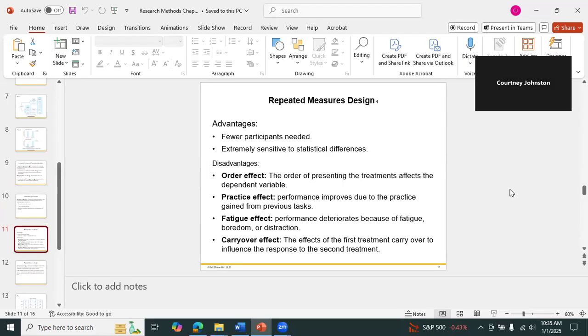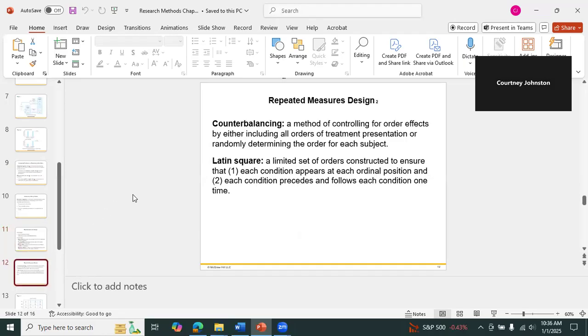There's also the carryover effect. This is when the first treatment carries over to influence the response to the second treatment. So let's say a group got the antidepressant first and they noticed some effects, and then they got the placebo second. They still might report effects that were the result of that antidepressant, but are not reminiscent of the effect of the placebo. So those are all disadvantages of using that within subjects design.